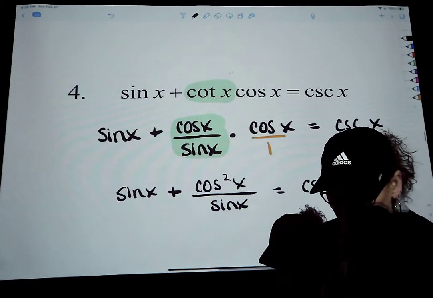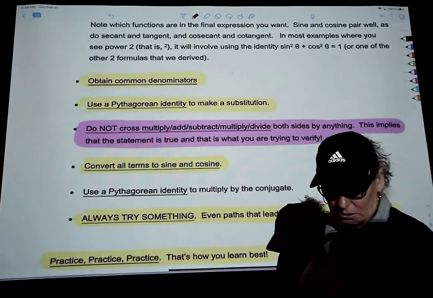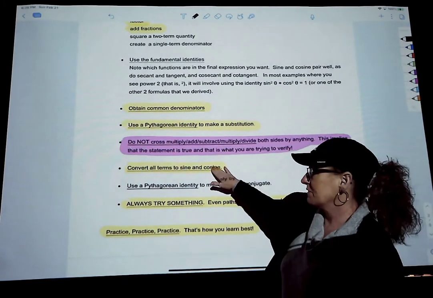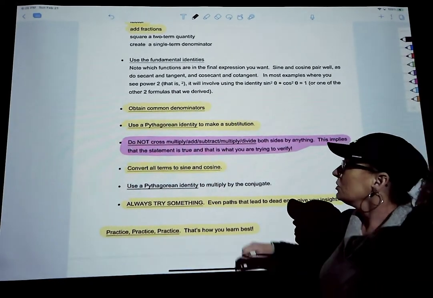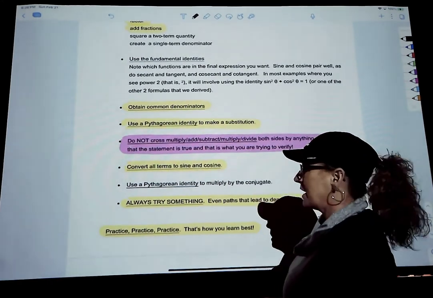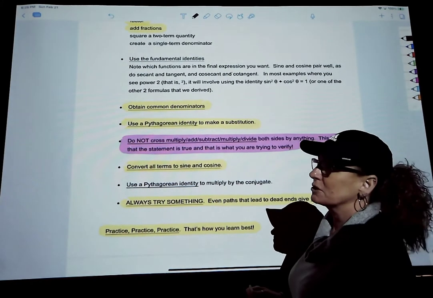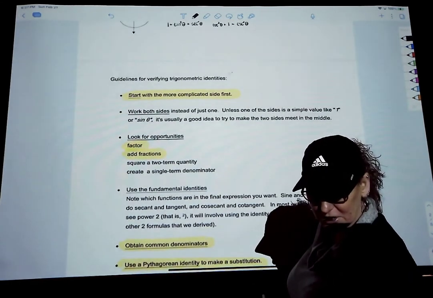So from this list up here, what have I done? I have converted everything to sine and cosine. Okay. Use a Pythagorean identity. I can't do that. One of my things is a fraction. Ooh, fraction. What am I supposed to try to do with fractions?